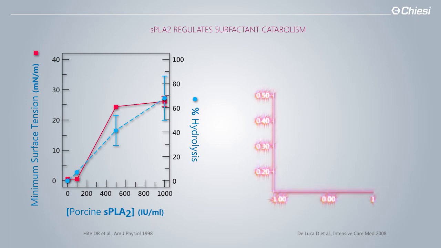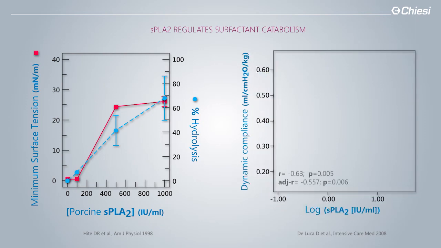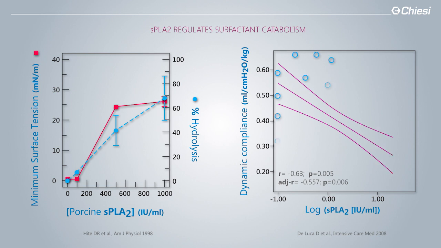On the other hand, we did an experiment in human neonates. Clearly, we did not inject any phospholipase into the neonatal trachea, but instead, we did some bronchoalveolar lavages in these neonates. And in the bronchoalveolar lavage fluids, we measured phospholipase A2 activity. On the other axis, we measured dynamic compliance. So compliance is something that can be measured with mechanical ventilators, and it gives you an idea about how stiff the lung is.